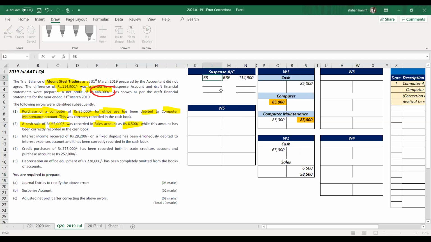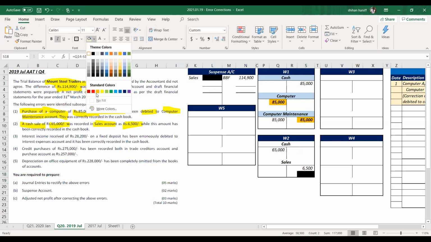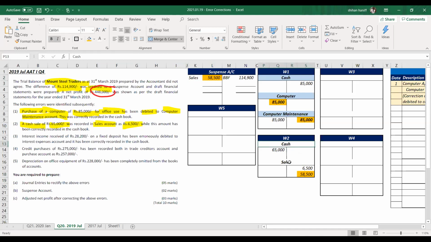Suspense account will be debited 58,500. So this is the correct entry. Suspense account debit, sales account credit.